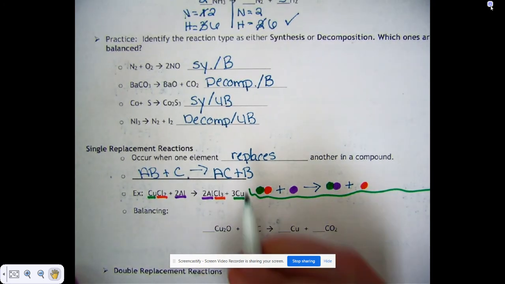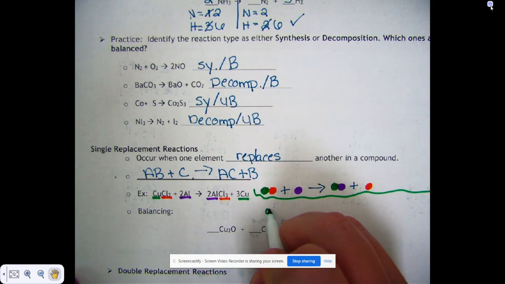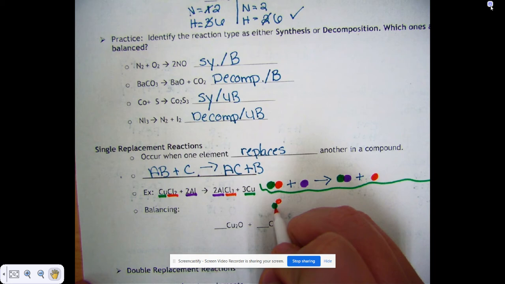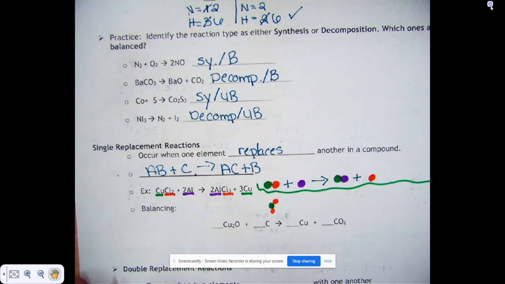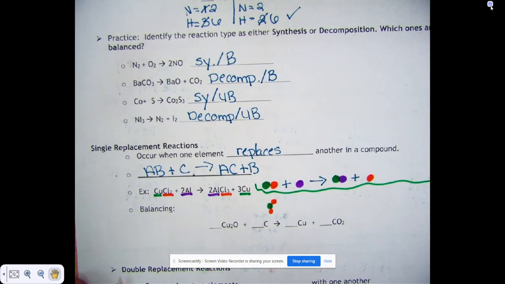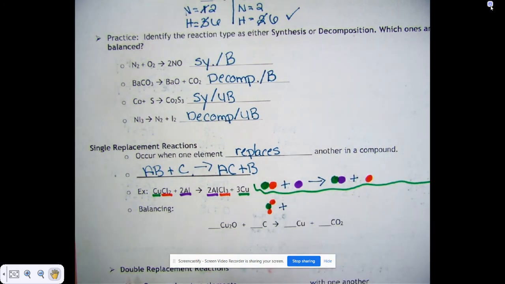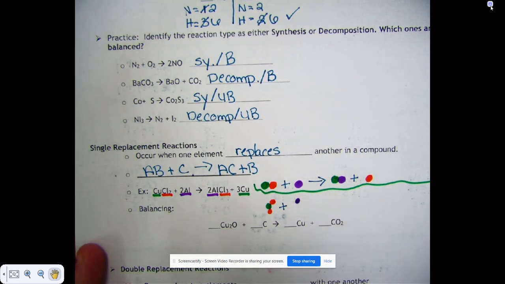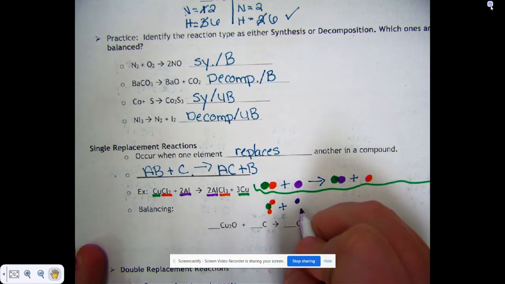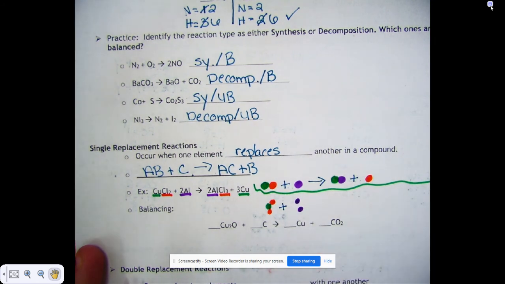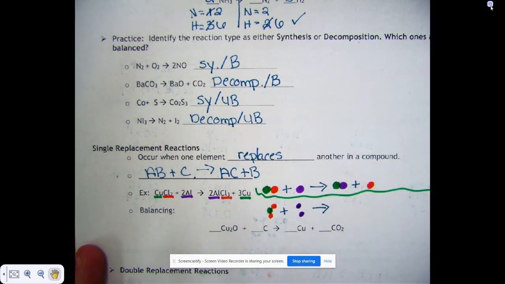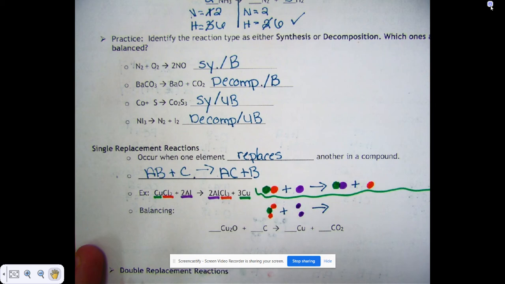CuCl2. So Cu, there's just 1. Cl, I'm not worried about the bonding angles right now. I'm just kind of drawing them so you can see and count. Plus 2 Als. Now, they're not bonded. They're just existing in the same place. 2 Als, 1, 2. Okay. That's going to give me 2 AlCl3.